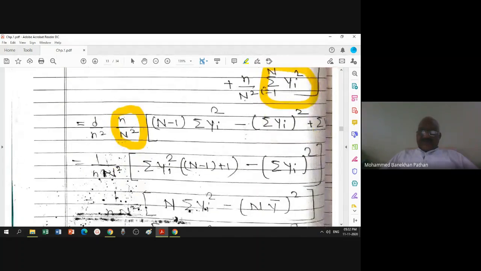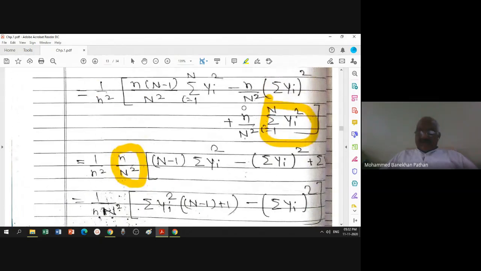So this n cancels with the square. So 1 by n multiply n square. Sum of y squared n minus 1 and here this is plus 1 because this is taken common. So n minus 1 plus 1 minus sum of y square.